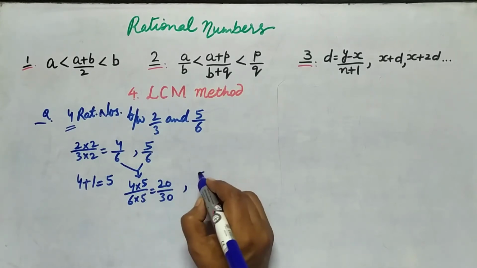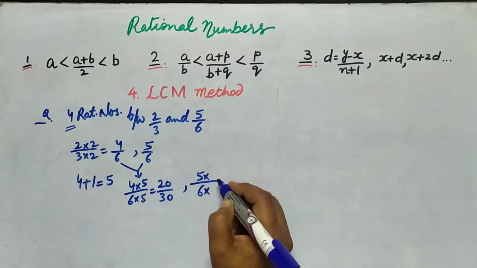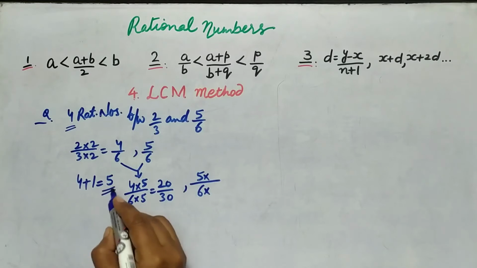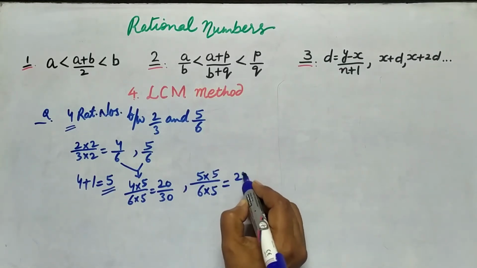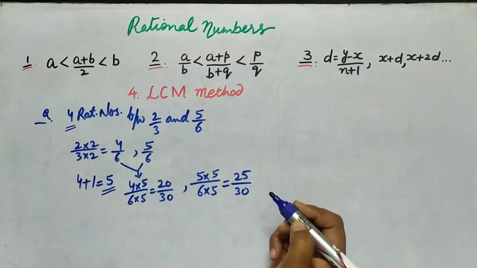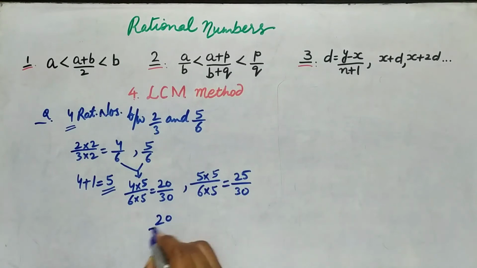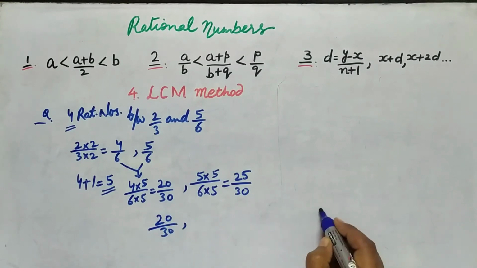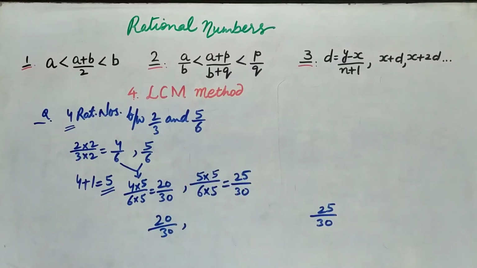Similarly, for 5 by 6, we multiply numerator and denominator by this increased number 5, and we have 25 by 30. Now the numbers are 20 by 30 and 25 by 30. This is the same as the terms in the question.